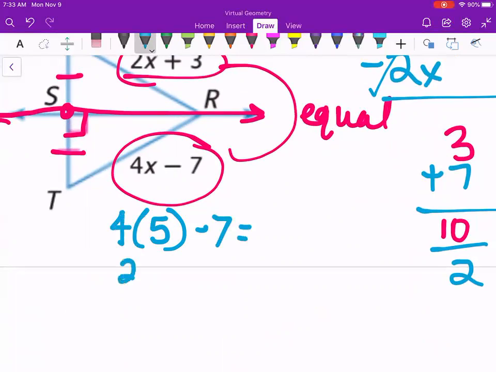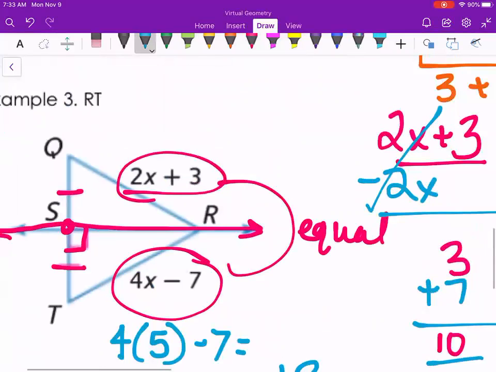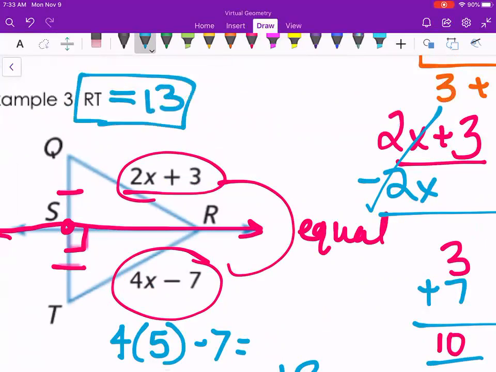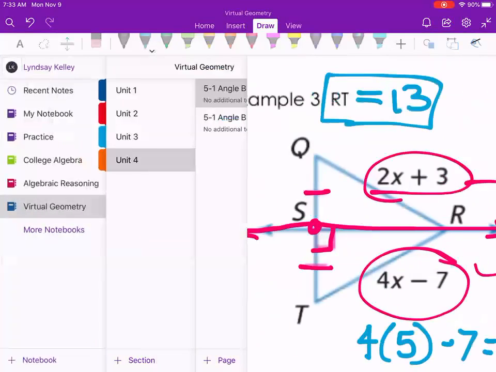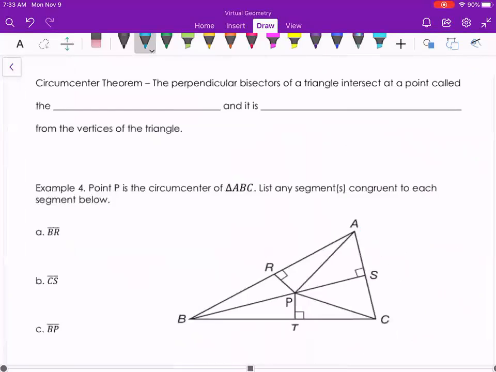So 4 times 5 is 20. Take away 7 for 13. So RT, 13 units.